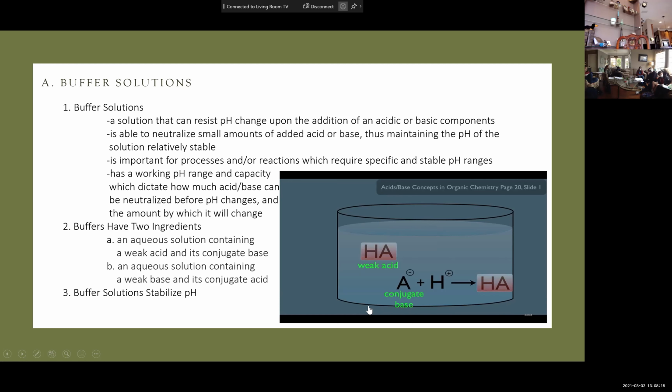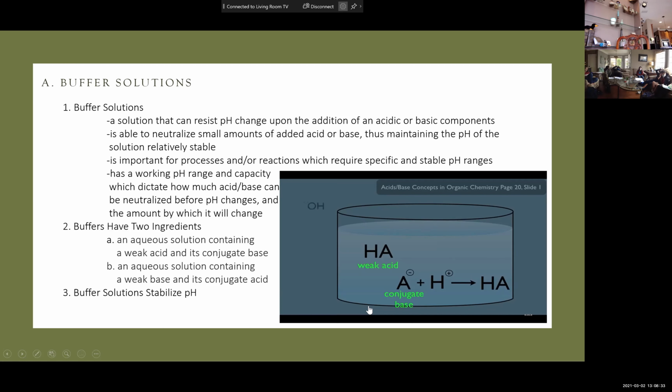But the key point is, the A minus is almost like vacuuming up all the H plus that's there and converting it into HA, therefore removing H plus from the solution.